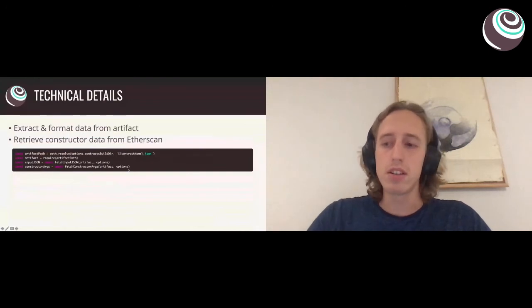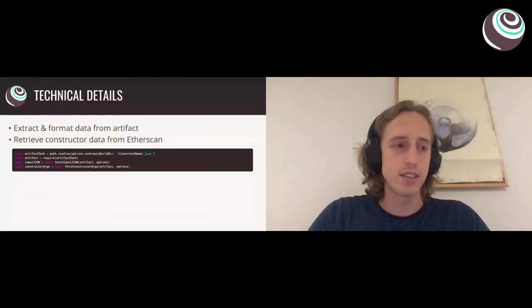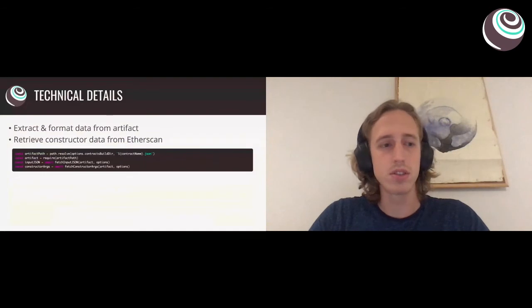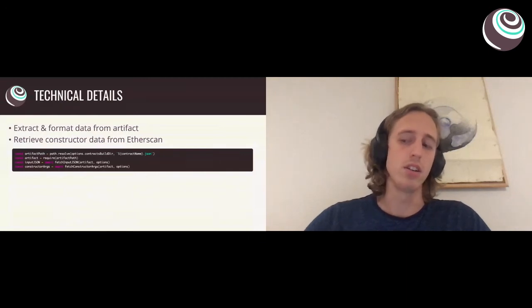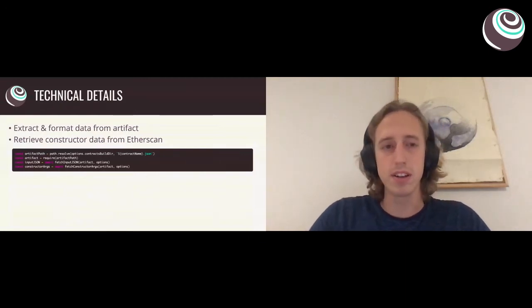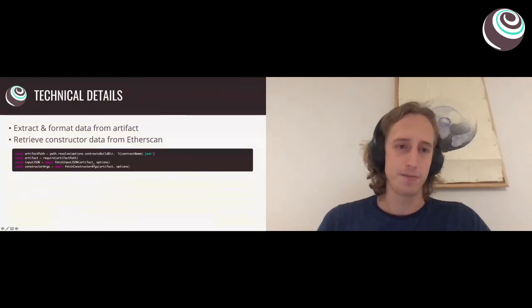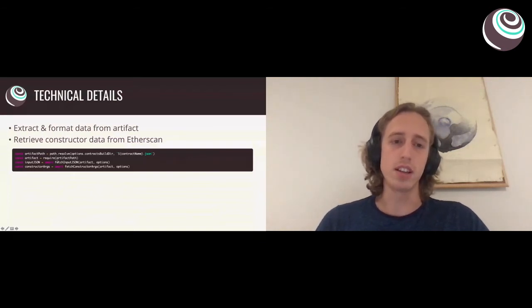So from there, we retrieve the correct artifact. So we check what the name is of the contract that the user wants to verify. From there, we retrieve that artifact and we extract exactly the data that we need from there.